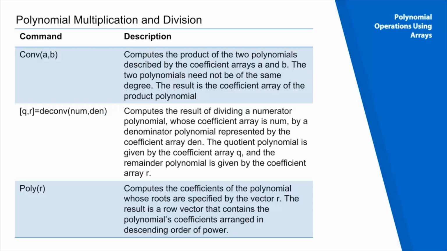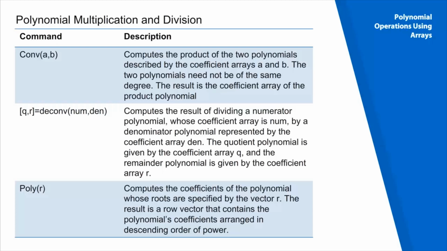So conv(a, b) computes the product of two polynomials described by the coefficient arrays a and b. Then we have [q, r] = deconv(numerator, denominator), which computes the result of dividing a numerator polynomial, whose coefficients are given by the array numerator, by the denominator polynomial, represented by the coefficient array denominator.